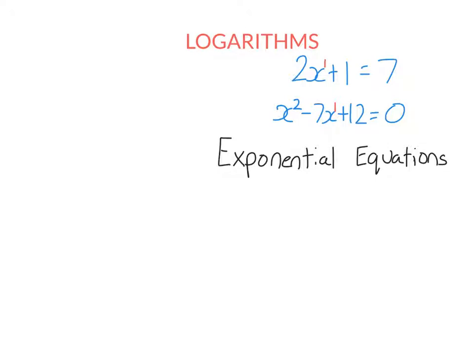So an exponential equation is one in which the unknown pronumeral, in this case x, is part of the power. If I have something like 2 to the power of x equals 32, that's an exponential equation, because the thing we're trying to find is part of the power, which wasn't the case in these equations.